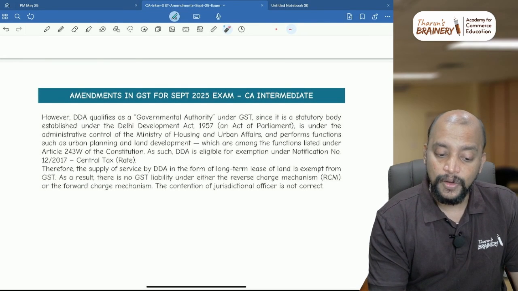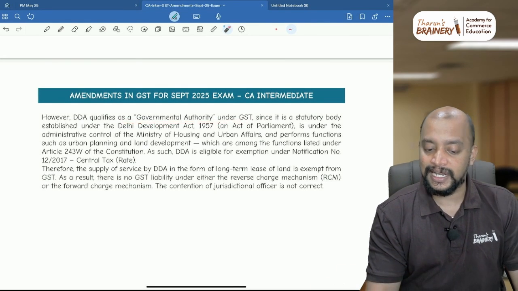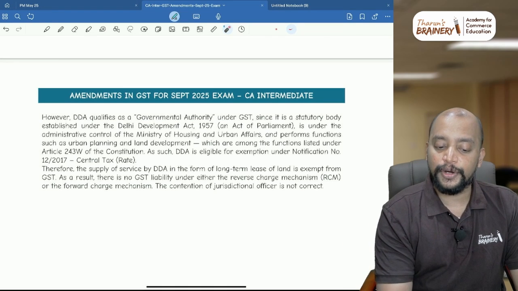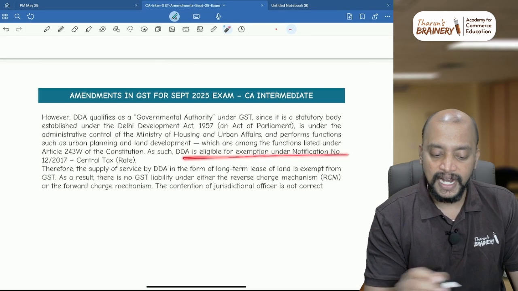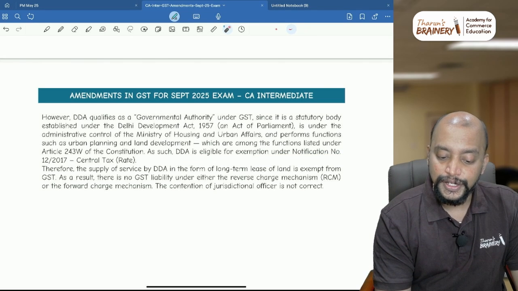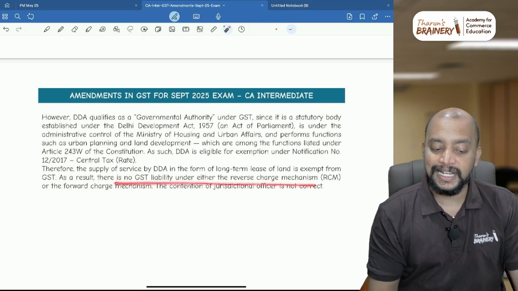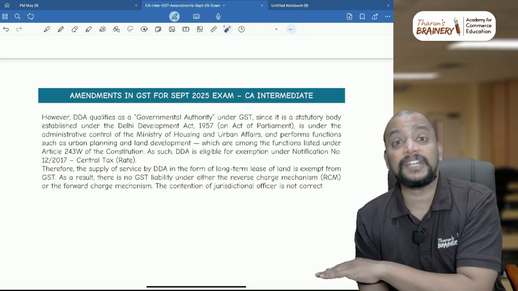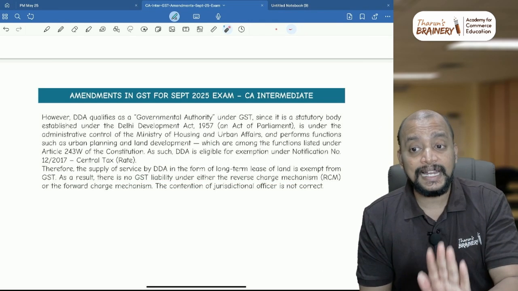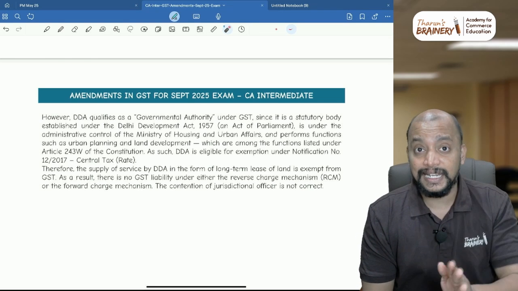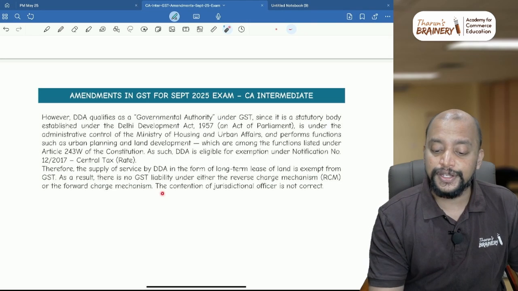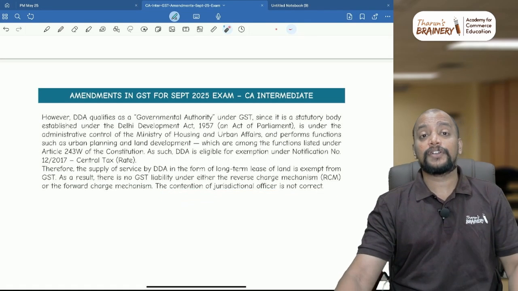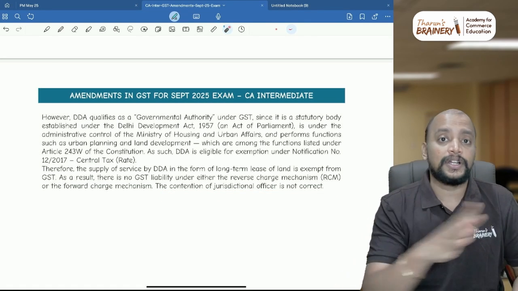However, DDA qualifies as government authority since it is a statutory body under the Delhi Development Act and it is eligible for exemption. Therefore, there is no GST liability either under reverse charge or under forward charge. The officer's contention is not correct. The officer is telling that it is forward charge, that is also not correct. Reverse charge also not correct because there is no GST payable.